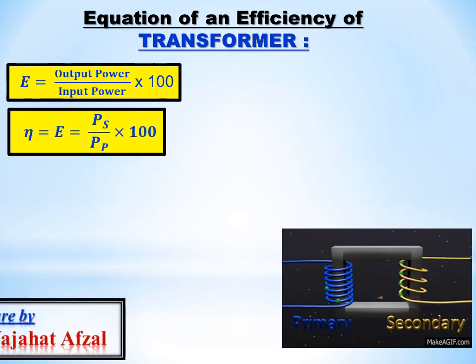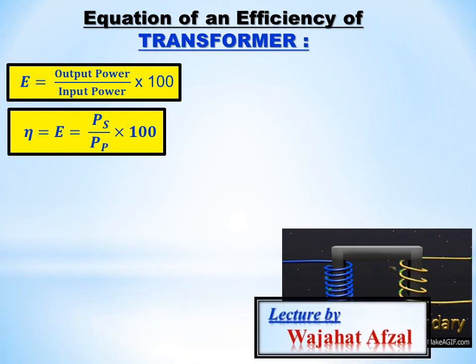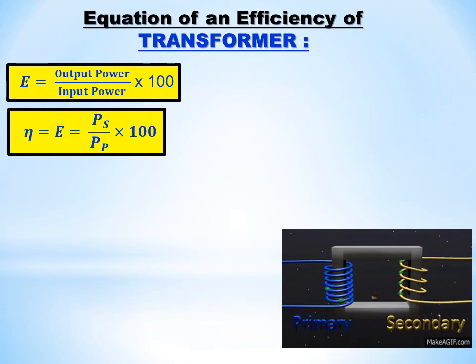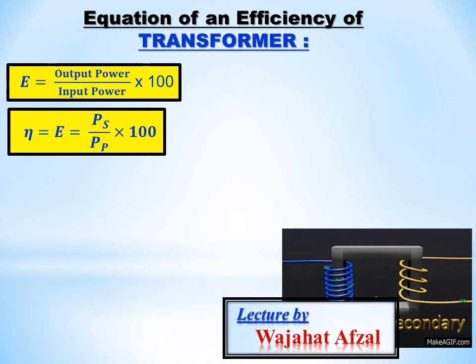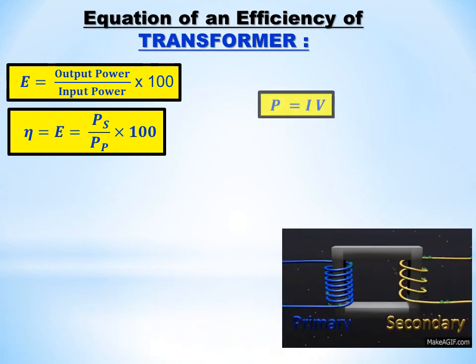So efficiency is also represented by the Greek letter eta. Efficiency is equal to power output, Ps, power in secondary, divided by power input, Pp, power in primary, multiplied by 100, because it is always calculated in percentage. The formula of power is P equal to IV, current into voltage.